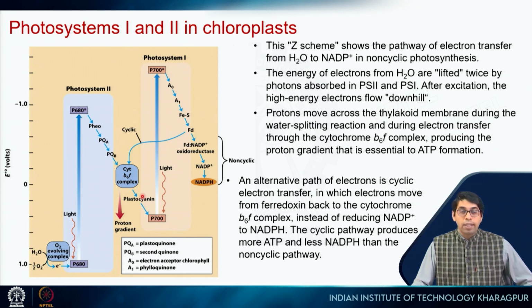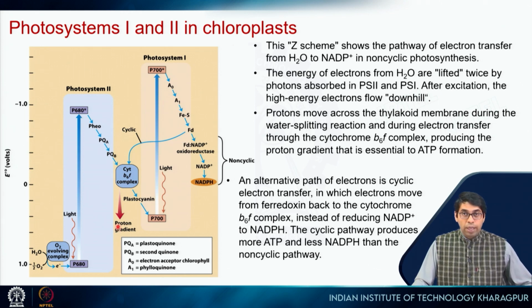Now, while it is handed down by all these carriers, it passes through this cytochrome B6F complex, and when it passes through this, it results in pumping of protons. So some of the energy is used to pump out some proton ions. We will see exactly how many in the next slides. So this electron has lost its energy.